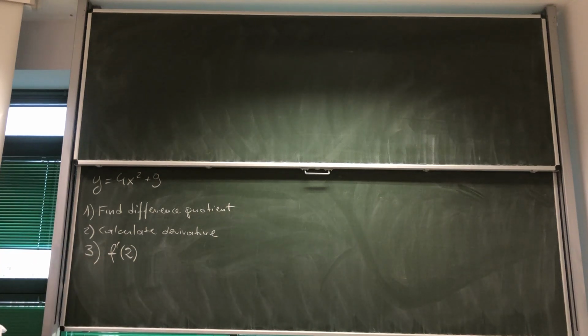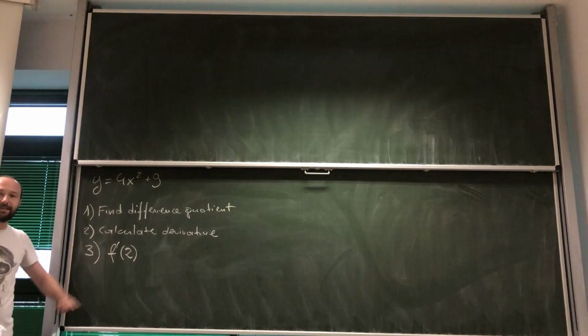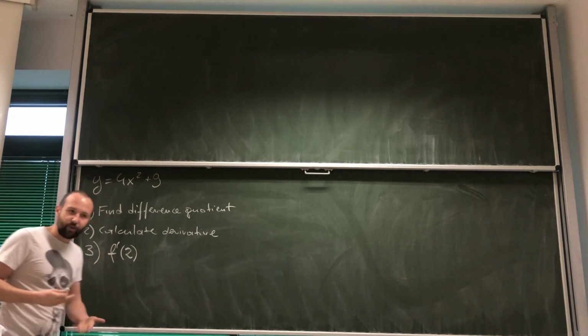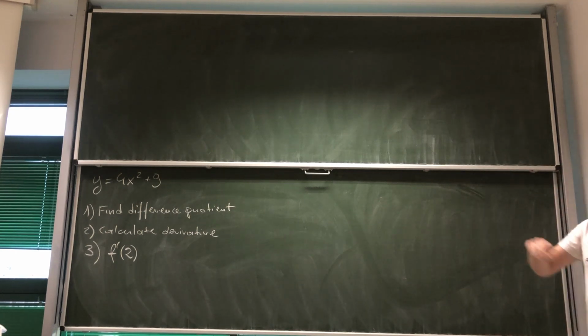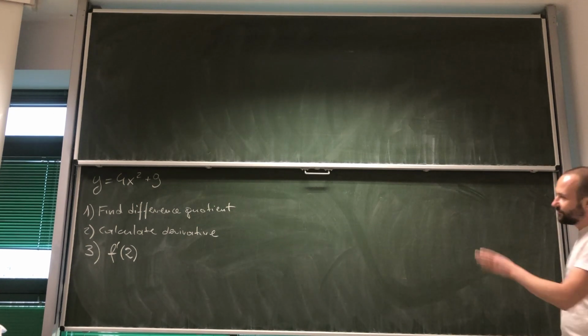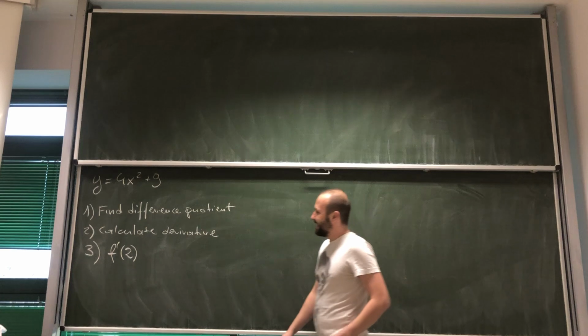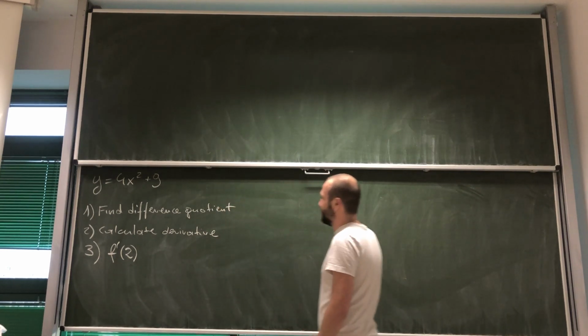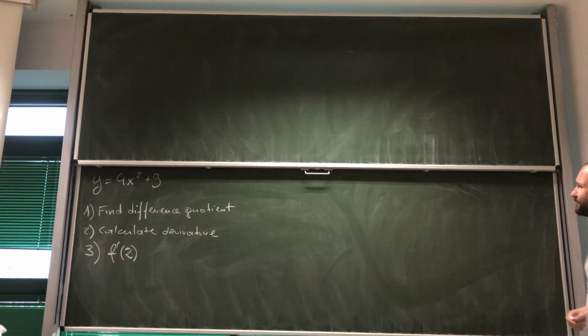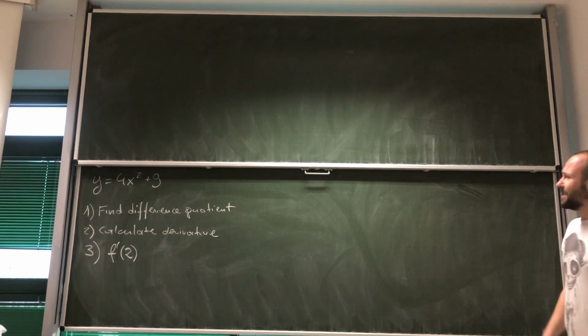And look, in this last point we see in which situation using Lagrange notation is better. When we want to find a specific value of the derivative at a given point, it's way easier to use Lagrange notation than Leibniz notation. Okay, but let's get to the exercise.